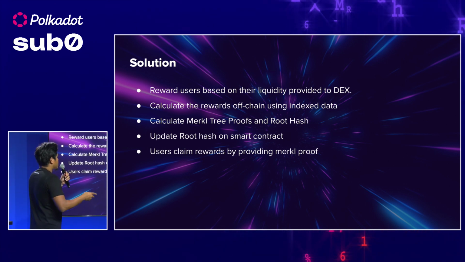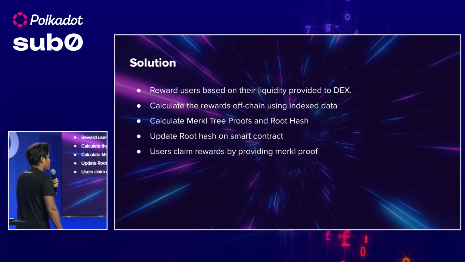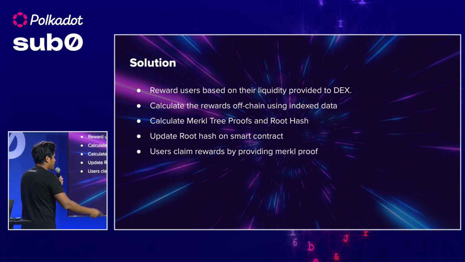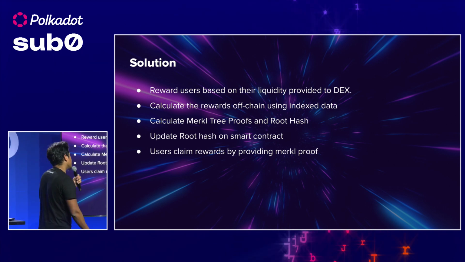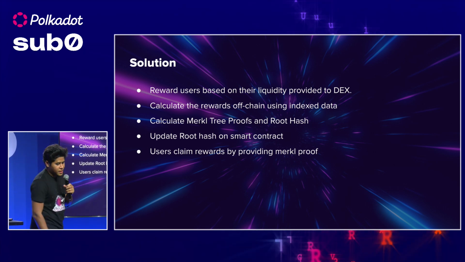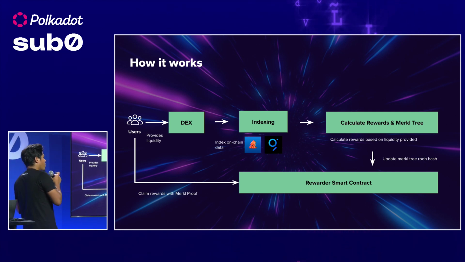So the solution was this, right? Create off-chain rewarding based on index data, calculate Merkle tree proofs and root hash, update the root hash on the smart contract, a much more efficient way, and then users can claim their rewards. So this is basically how it worked.